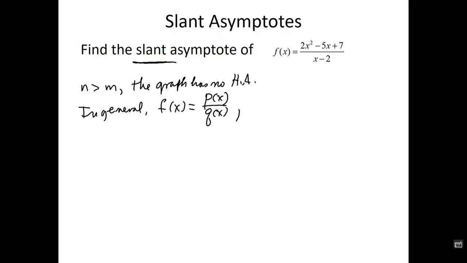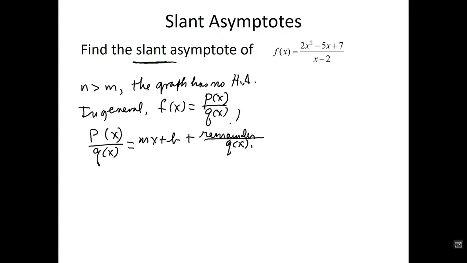So when that happens, we have p of x divided by q of x is going to be mx plus b plus the remainder divided by q of x. Okay, so let's do that in this case.